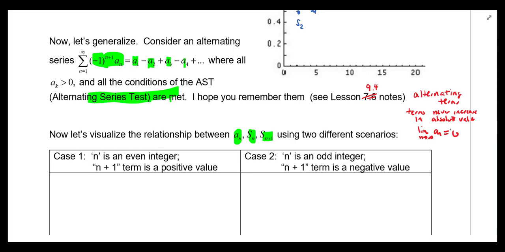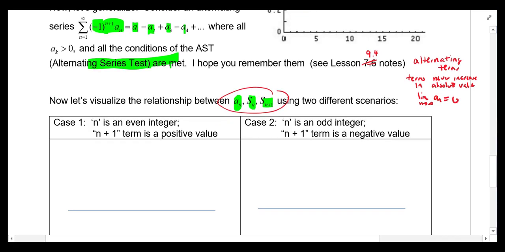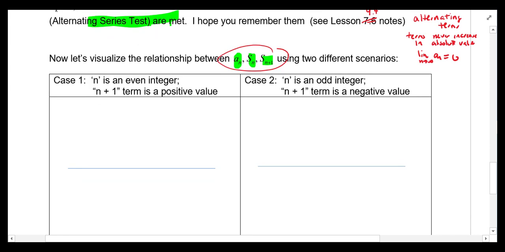All right. Now, once again, I wanted to talk about the relationship between the partial sum at n and the partial sum of n plus 1 terms. Okay, now, there are actually two different cases here. If n is an even integer, that means the n plus 1 term value is a positive value. So what I really mean by that is this. S sub n, let's say, is over here.